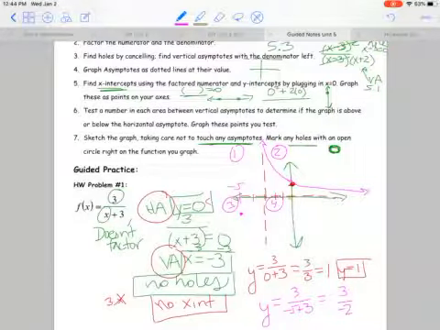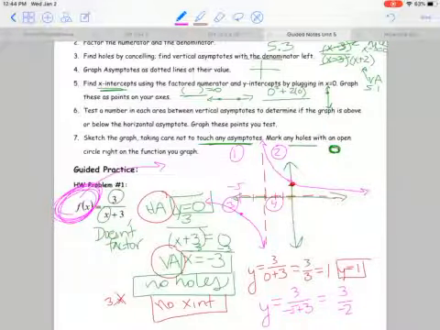So I know my other graph is going to go like this. And we know, because it's a function, keyword function, that in each vertical area, there's only one graph. So like if I have a graph up here, I can't have a graph down here.